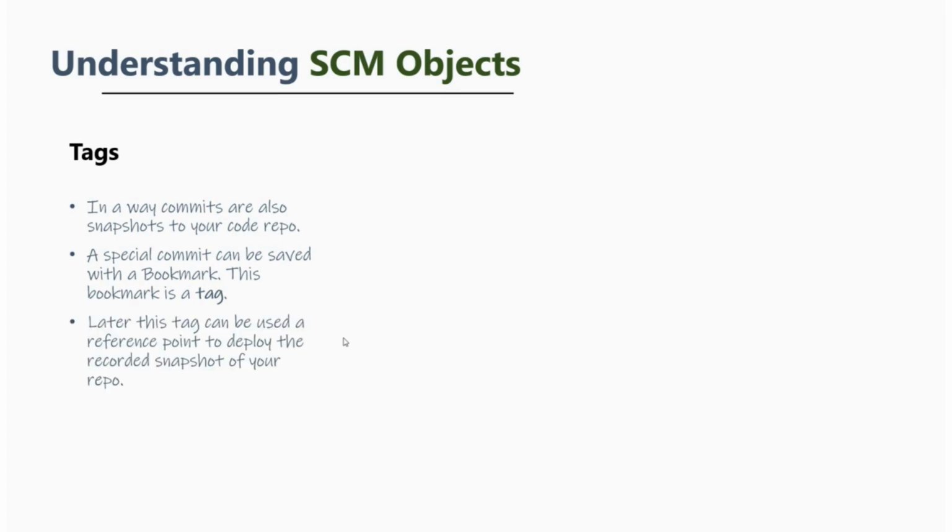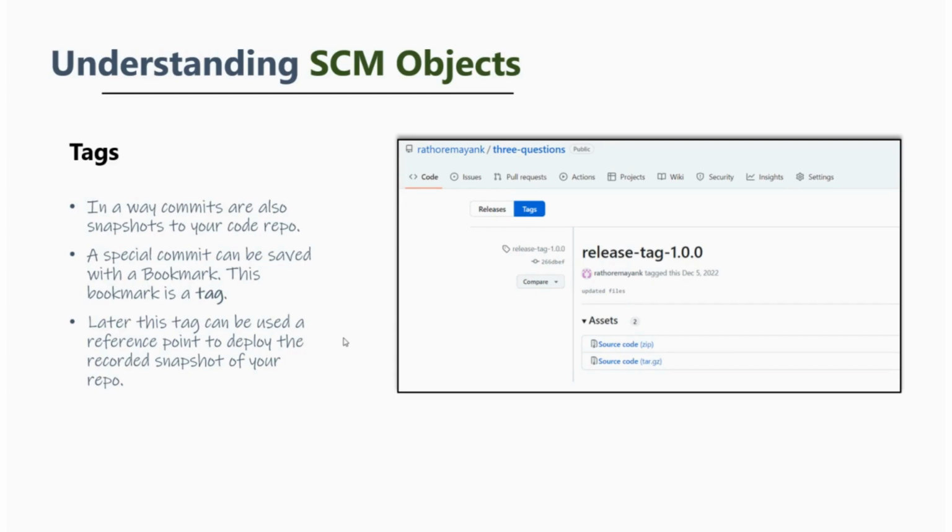When we go to the next point later, this tag can be used as a reference point to deploy a recorded snapshot of your repo. Tags basically look like this, and this is a small example of a tag that I try to create.